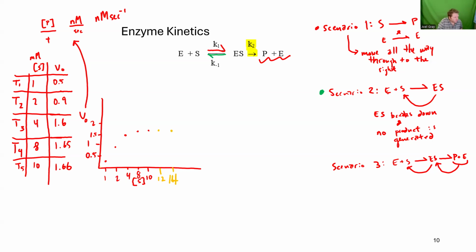So if we were to draw this out, it would look a little bit like this, where it kind of plateaus. That's significant because it tells us that we've effectively saturated our enzyme with the substrate and we see the velocity plateau.